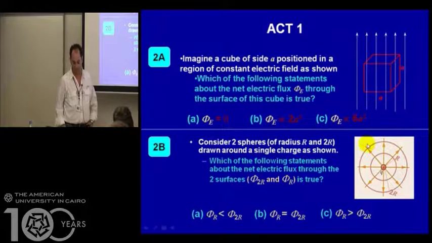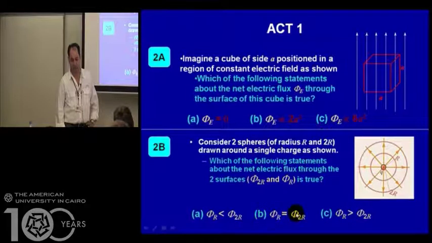How about number B? We have two concentric spheres, and at the center there is a charge Q. We need to compare the flux on sphere 1 to that of sphere 2. And we have three answers. A: the flux on the smaller sphere is less than the flux on the larger sphere.